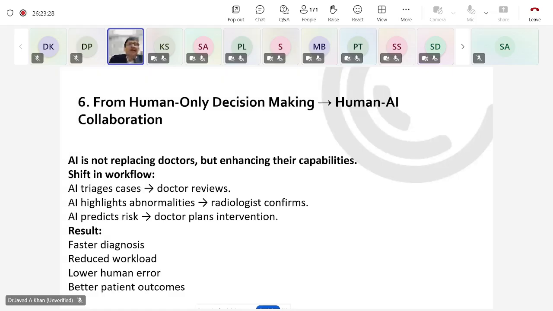So what will you get as a result? Faster diagnosis, reduced workload of the doctor and paramedical staff, lower human error, and better patient outcomes. So we can give better results using the paradigm shift through machine learning and AI algorithms.